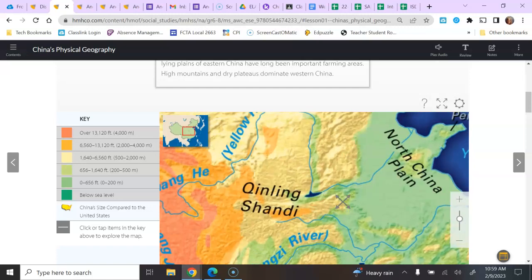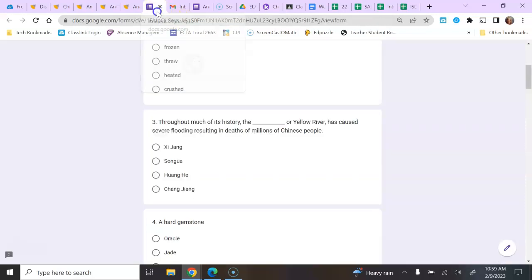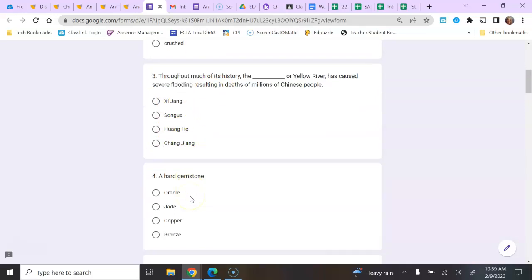So you want to use your map. So I see the Yellow River. What is the other name for the Yellow River? Is it going to be the Zhejiang, Zhuanghua, Huanghe, or Changjiang?